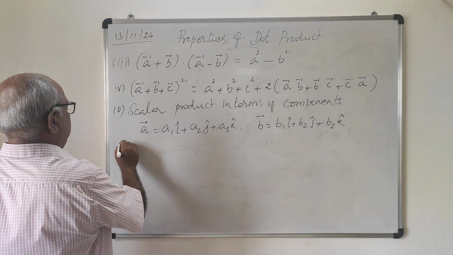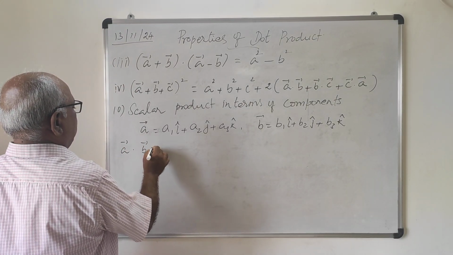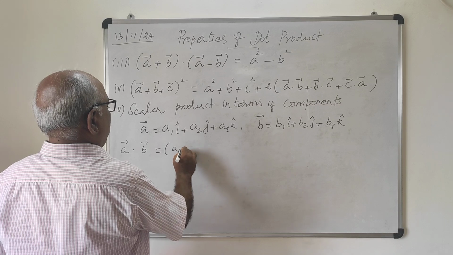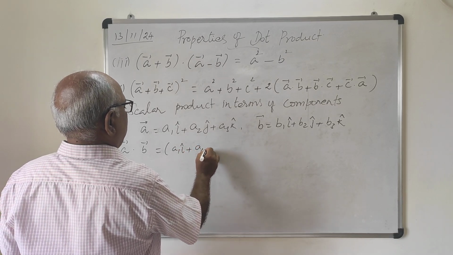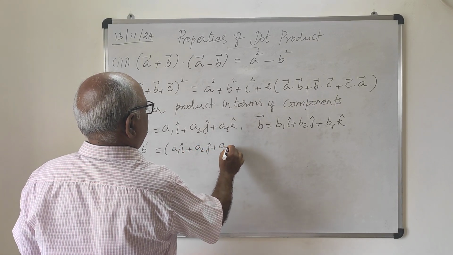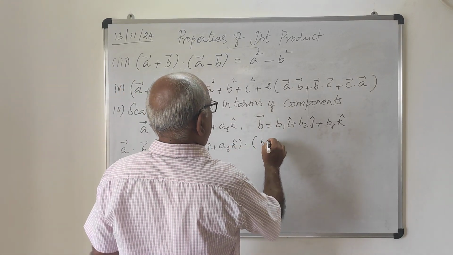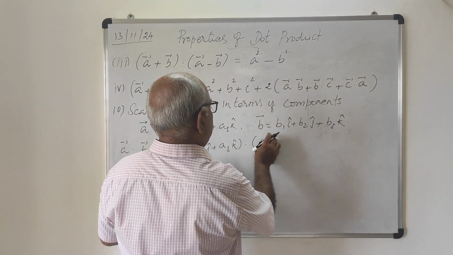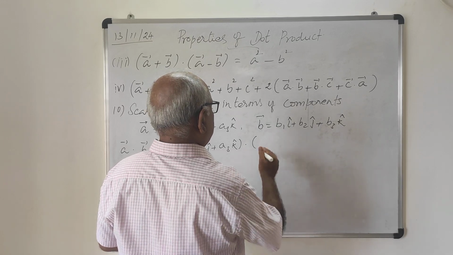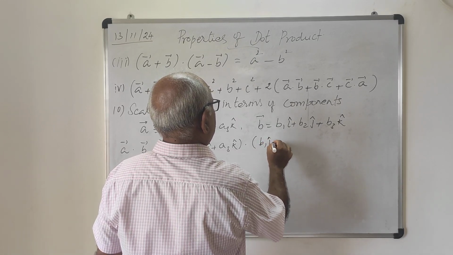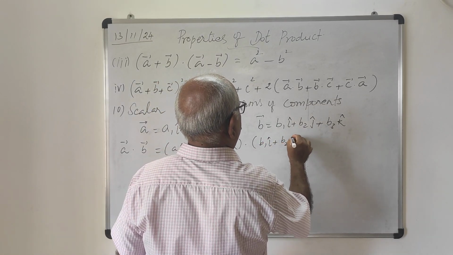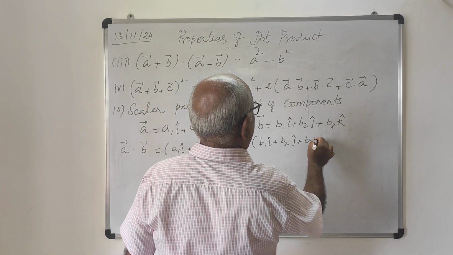Now a dot b, a vector dot b vector, is equal to (a1i plus a2j plus a3k) dot (b1i plus b2j plus b3k).